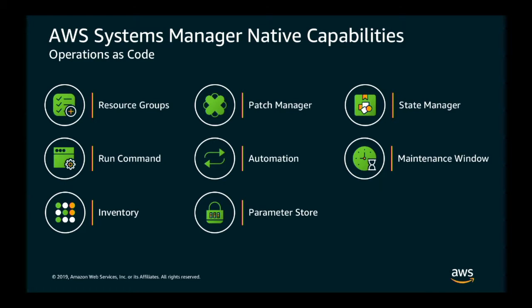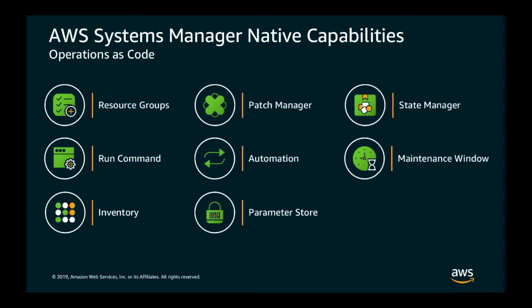And then Parameter Store is like a very simple key-value store where you can define application-level parameters that either feed into the services here, or you can actually use them in your application as a configuration. The important capability maybe to remember here is Run Command. Run Command is the ability to execute commands, as the name suggests, on your EC2 instances.